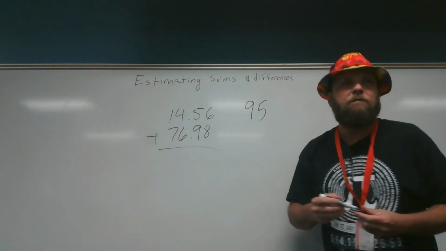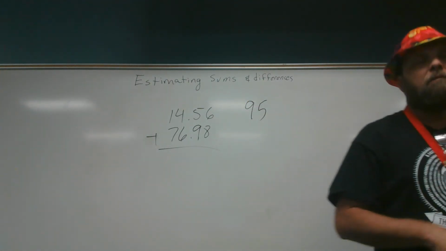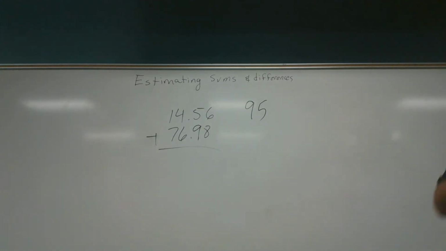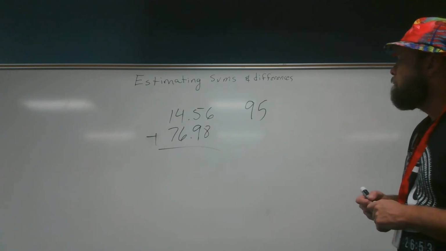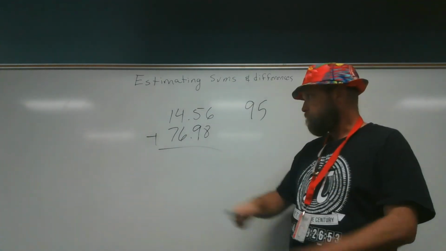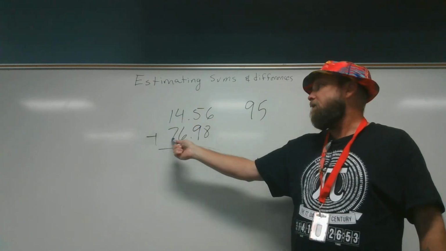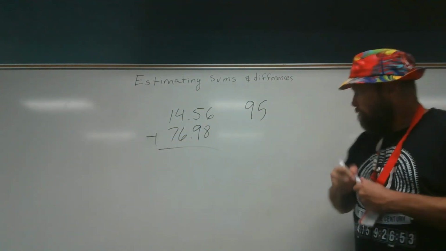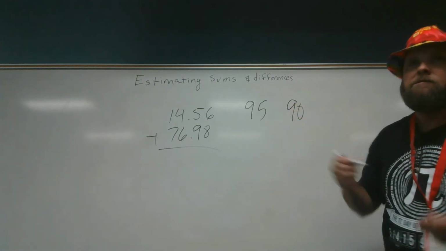So Ilaria's estimate is 95. Anybody come up with a different estimate? What'd you come up with? I took the 14 and made it 10, and then I took the 76 and made it 80, and I got 90. So you changed this to 10 and 80, and we got an estimate of 90.